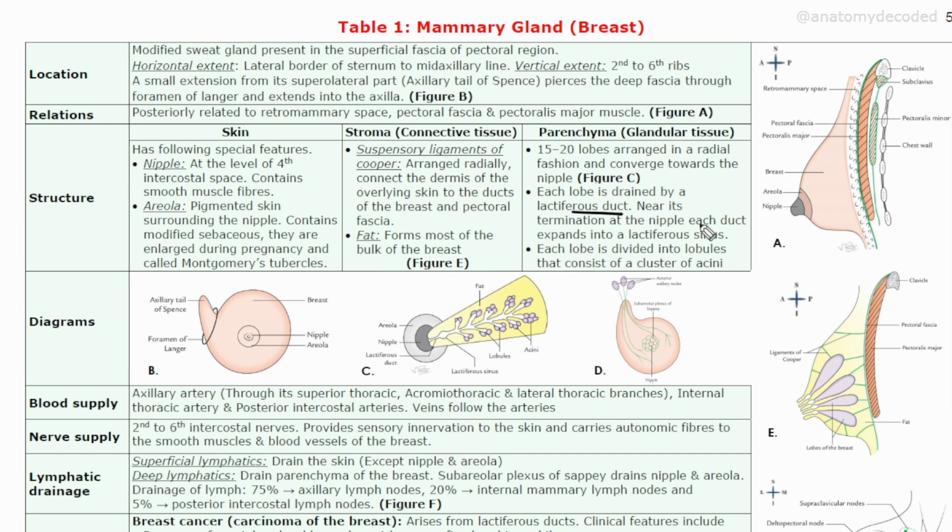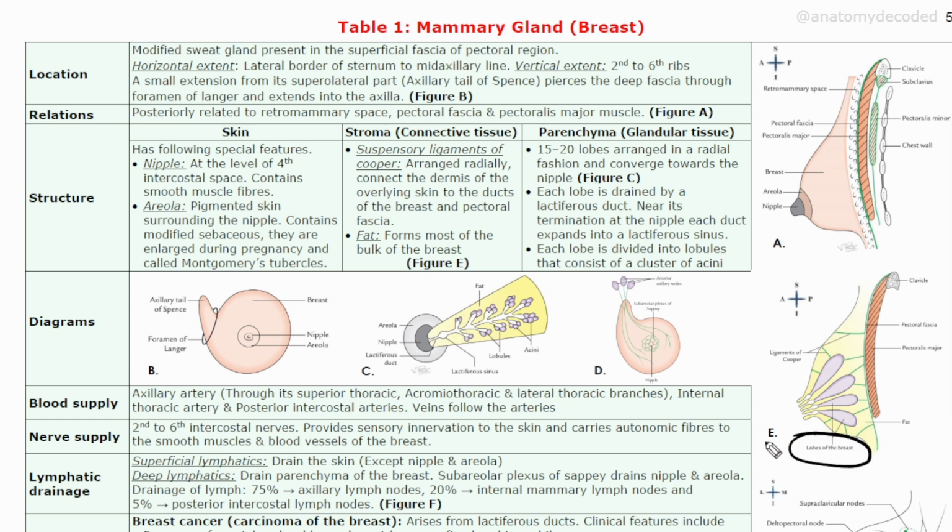Near its termination at the nipple, each duct expands into a sinus called as lactiferous sinus. That is seen here, lactiferous sinus, the bulge. Each lobe is divided into lobules that consist of clusters of acini. Multiple acini we can see inside the lobe. The structure of the breast we can understand in this image as well.